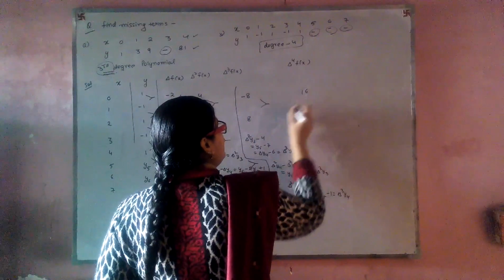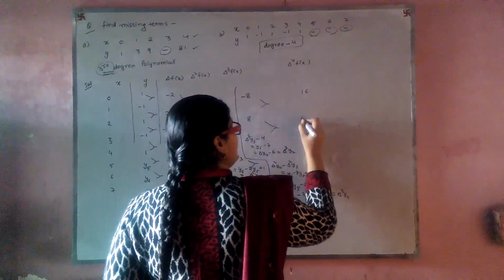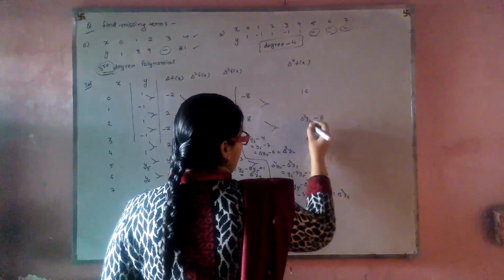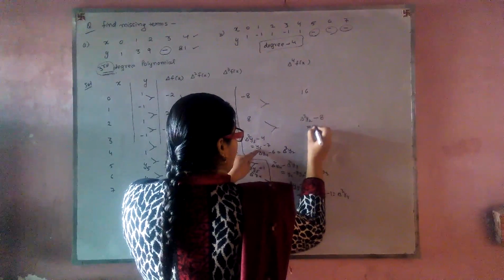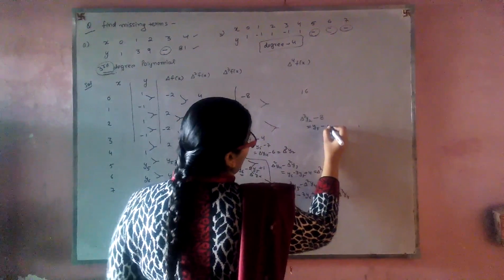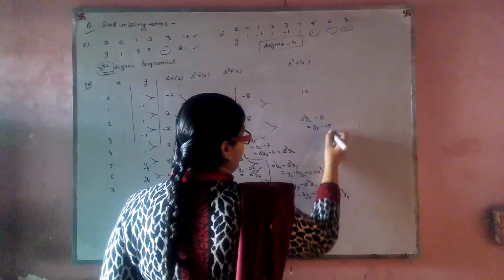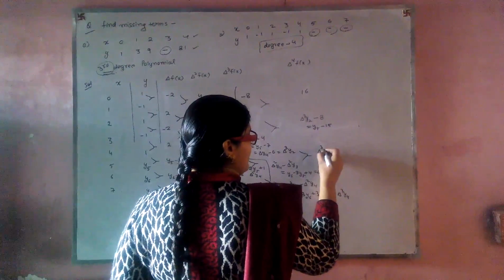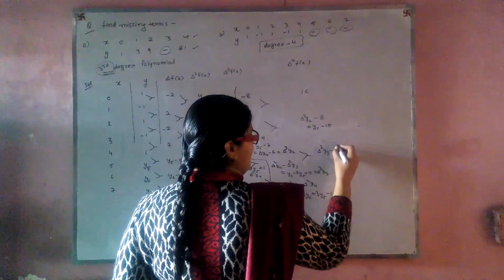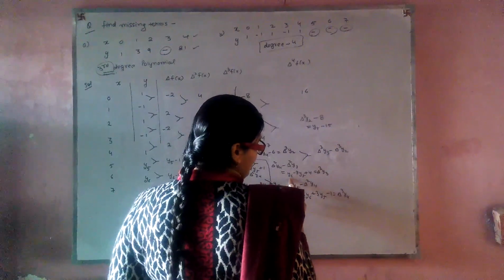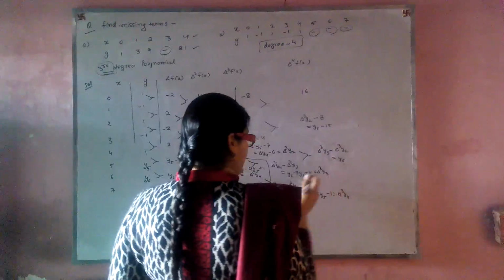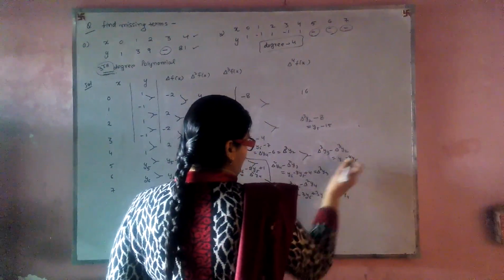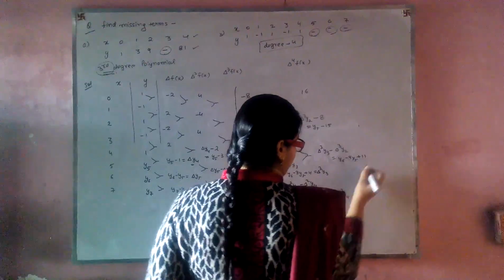Then our delta 4 fx becomes 8 and 8, 16. This becomes delta 3 y2 minus 8, that is y5 minus 8, or 7, 15. This becomes delta 3 y3 minus delta 3 y2, y6 minus 4y5, 4 and 7, 11.